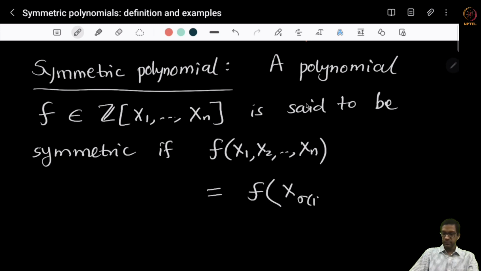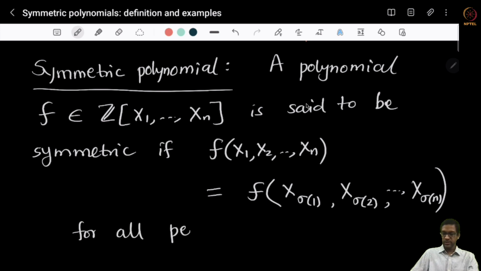Instead of x1, x2, ..., xn, I look at x sigma 1, x sigma 2, ..., x sigma n, for all permutations sigma. So this should be true for all permutations sigma of the numbers 1 to n.